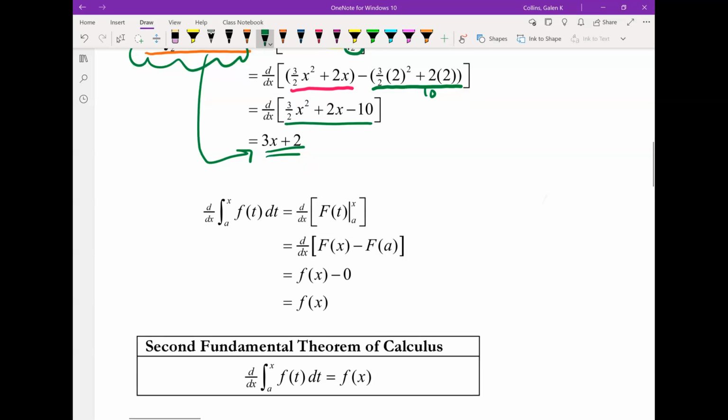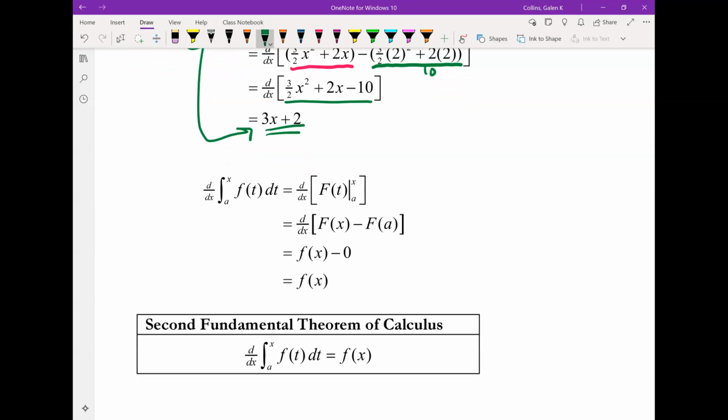More generally, if I have f of t and I'm integrating that from some constant a to a true variable of integration x, and then I take the derivative of that, in the order of operations we do all that stuff before taking the derivative. Well, we could skip all the work in between. That's just going to give us f of x, not f of t.